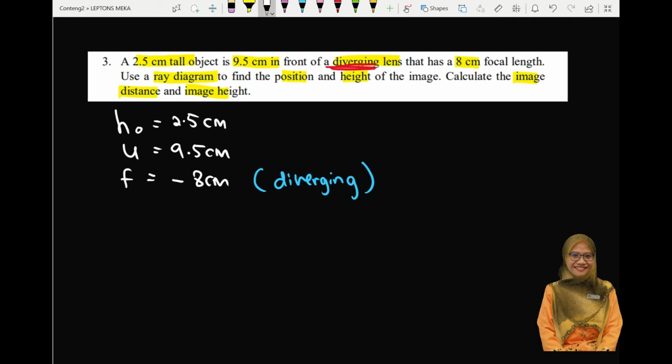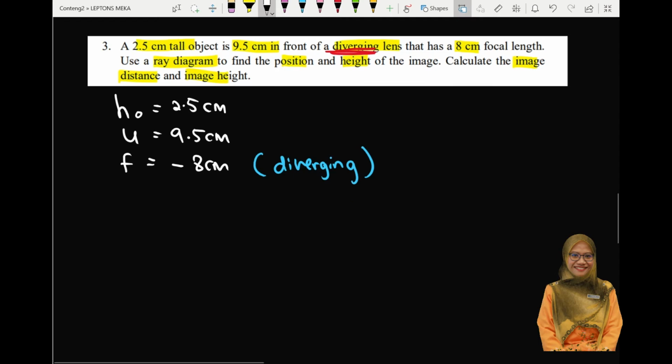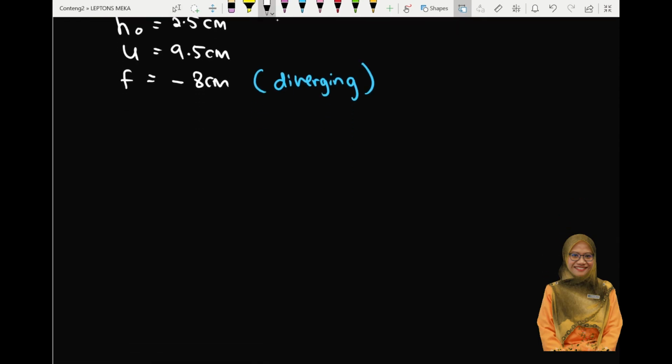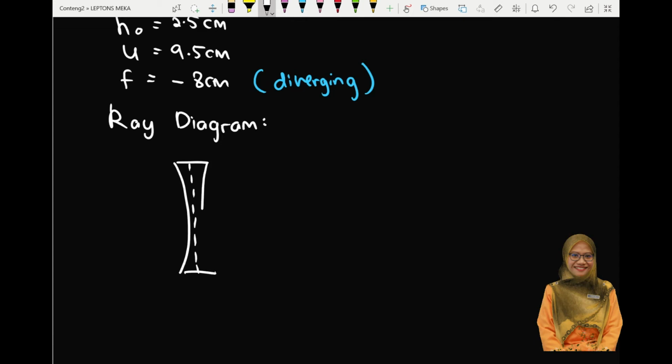Okay, so we sketch the simple diagram for this ray diagram. Don't forget our principal axis.